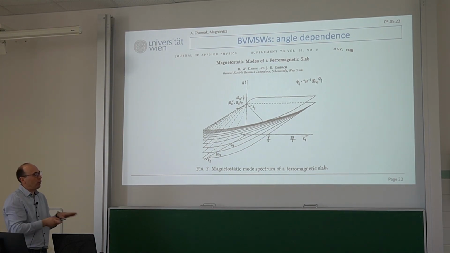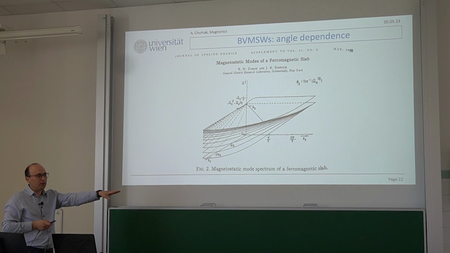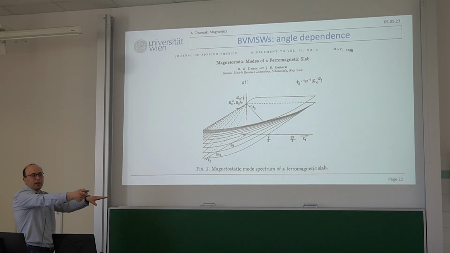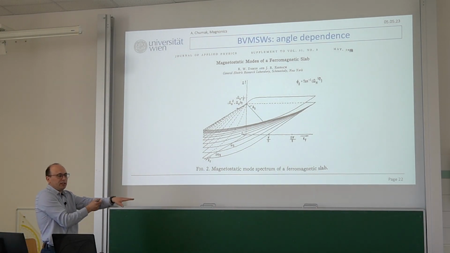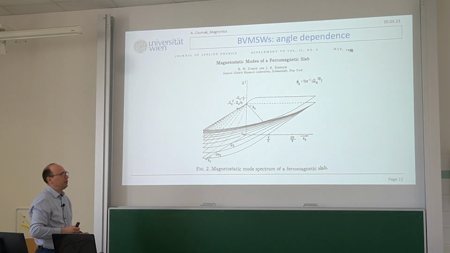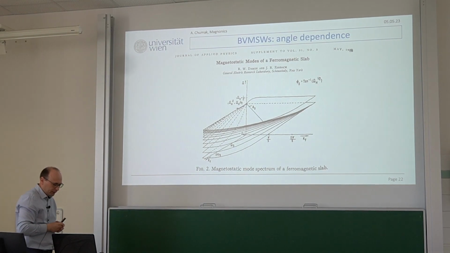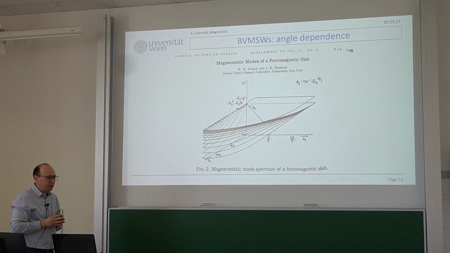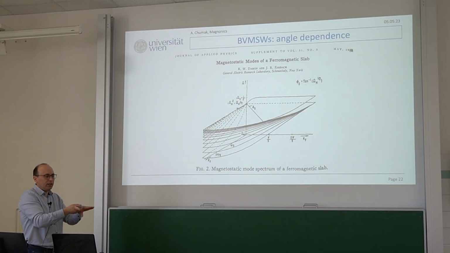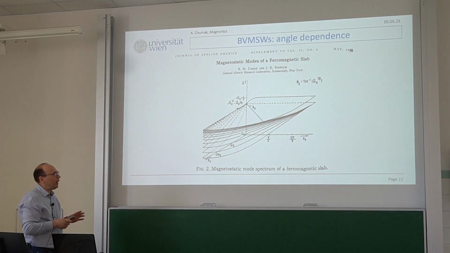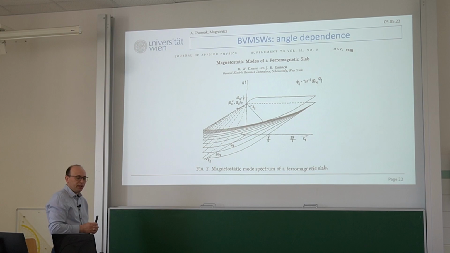For Damon-Eshbach also, a wave propagating perpendicular to the field will be different; the wave runs under some different angle, and it's very different when it runs perpendicular. So in principle, there is no Damon-Eshbach which propagates along the field. Therefore, keep in mind that for in-plane magnetized samples, our spin waves are always anisotropic, except one case.